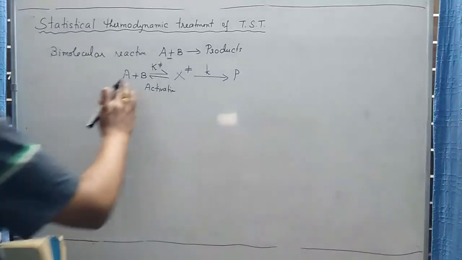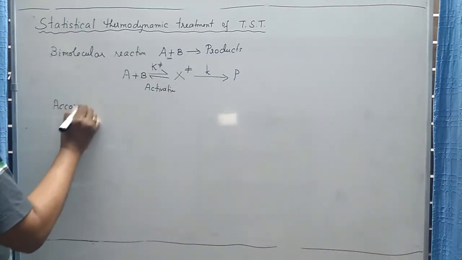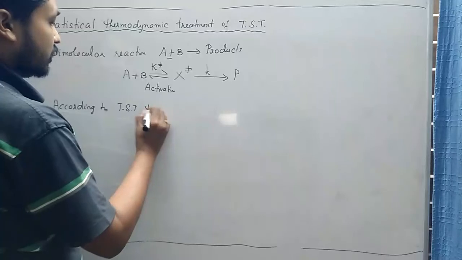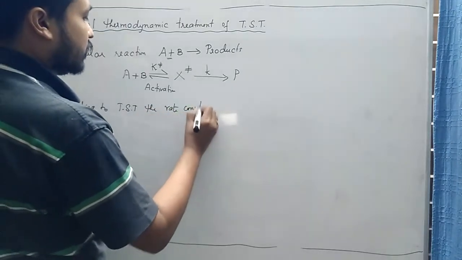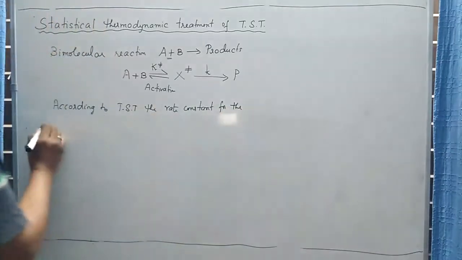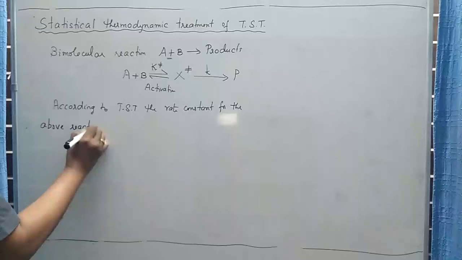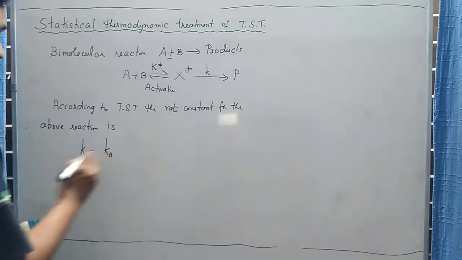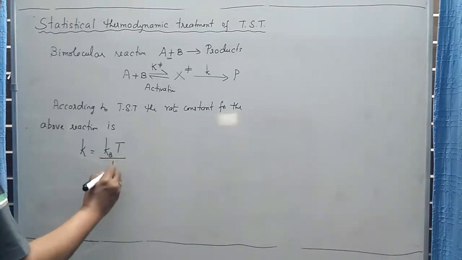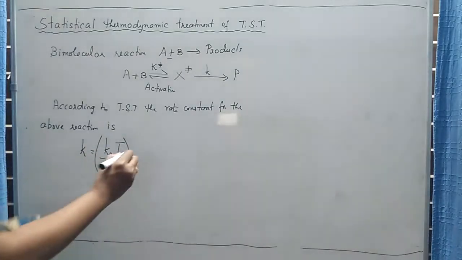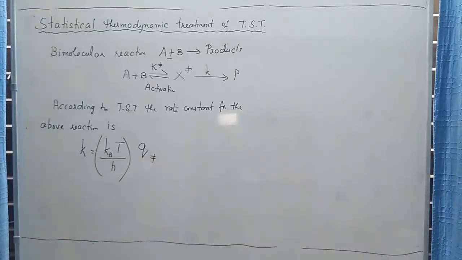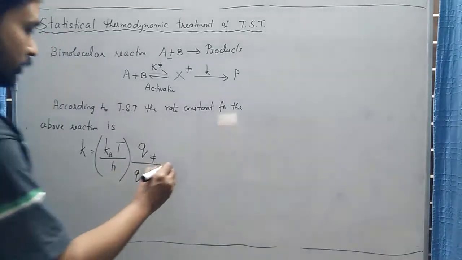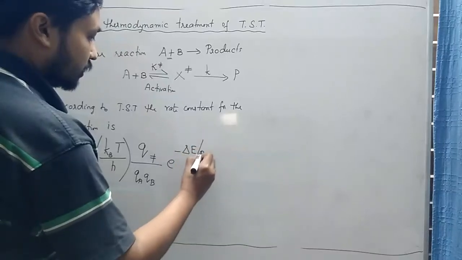So it can be shown that for such a reaction, according to transition state theory, the rate constant K is equal to K_B T divided by h, where K_B is the Boltzmann constant, T is the temperature and h is Planck's constant, into Q dagger divided by Q_A into Q_B, into e to the power minus delta E divided by RT.